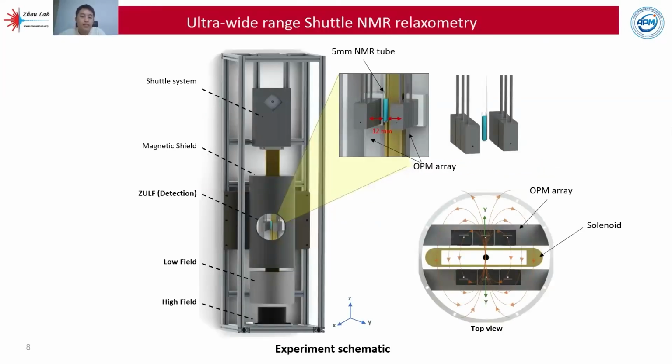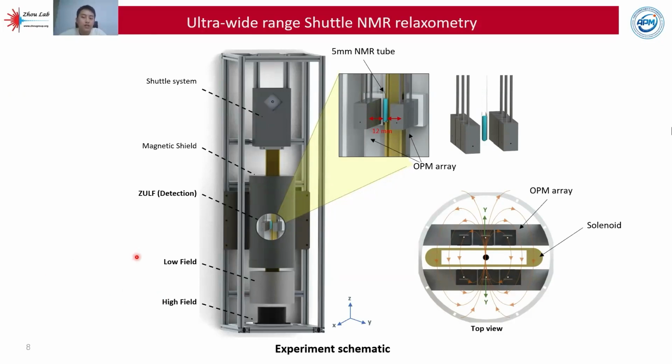Here shows the device, and we can flexibly choose the relaxation region of the sample by shuttling. It consists of three magnetic field regions: high field, low field, and zero to ultra-low field. The high field is provided by a permanent magnet, and the low field is provided by an electromagnet.